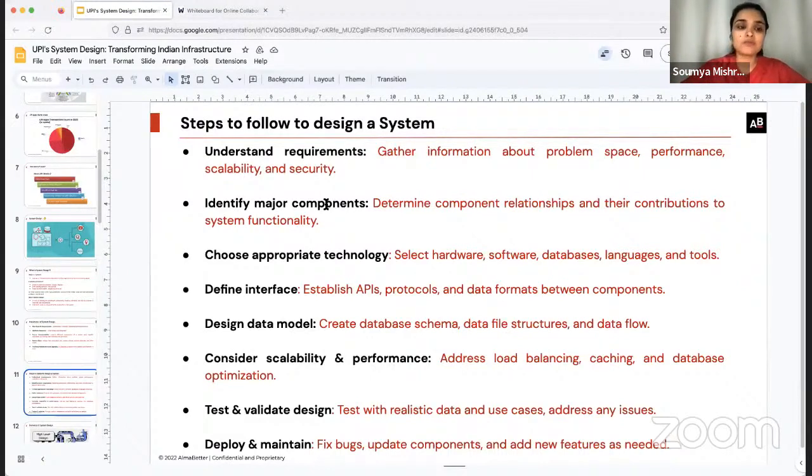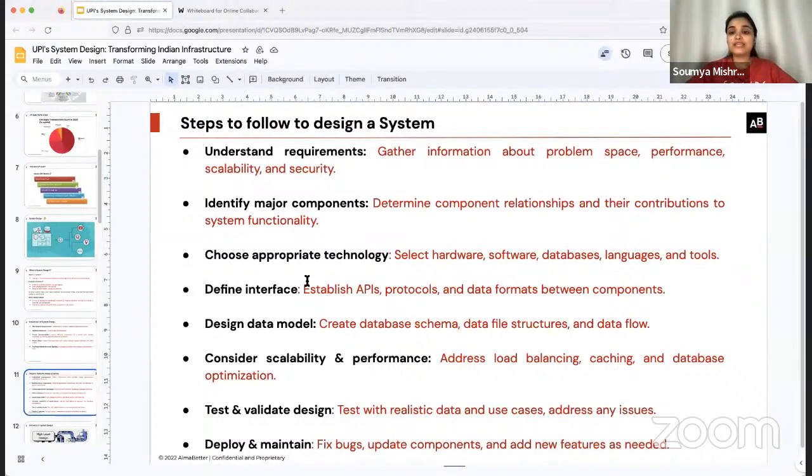We have understood the requirement. Now, what are going to be my major components? One major component is going to be my authorization and authentication component. Another component is going to talk to the beneficiary's bank. Another component is going to talk to the remitter's bank. I have identified different components. This is what is meant by identifying major components.